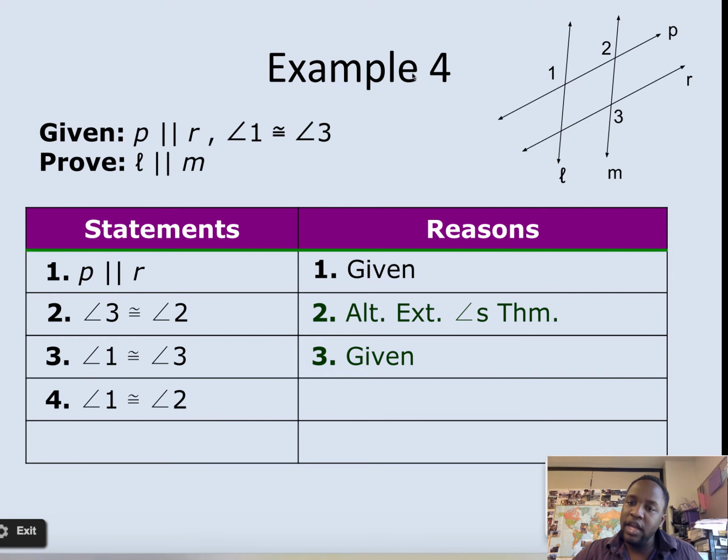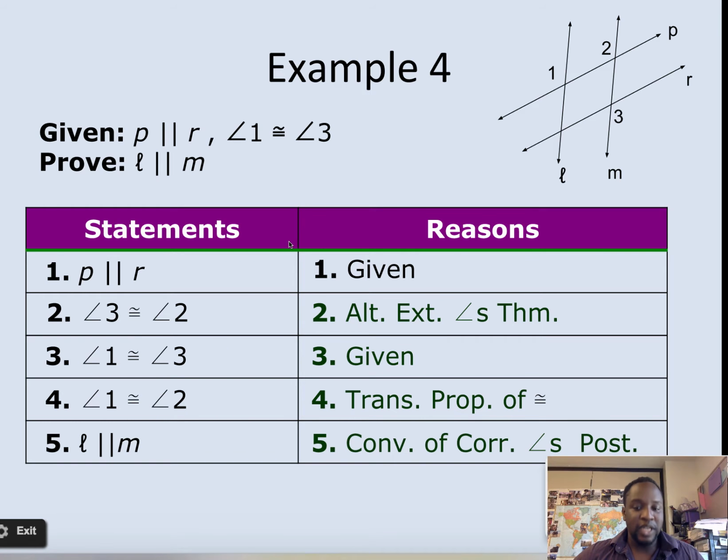And then angle 1 and angle 2 are congruent by the transitive property of congruence. See, because 2 is congruent to 3 and 3 is congruent to 1, therefore 1 and 2 must be congruent. And since angle 1 and angle 2 are congruent to each other, we can say that the lines are parallel by the converse of the corresponding angles postulate.